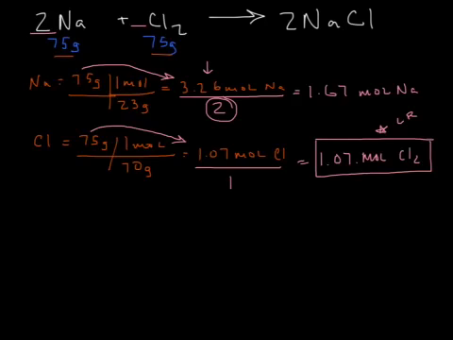Okay, now we need to find how much product we can make. And obviously we have one product, so we're going to see how many grams of sodium chloride 75 grams of chlorine can produce.